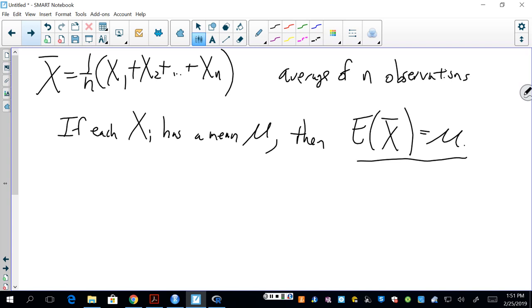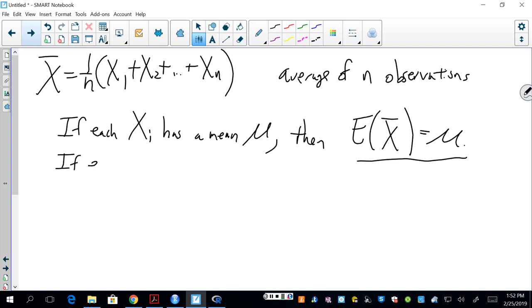But it's the expected value, kind of the average value in terms of probability for recording the sample average across different samples, is the same as the population average. So X bar on average is the response, as if you could take an infinite sample size in the population.